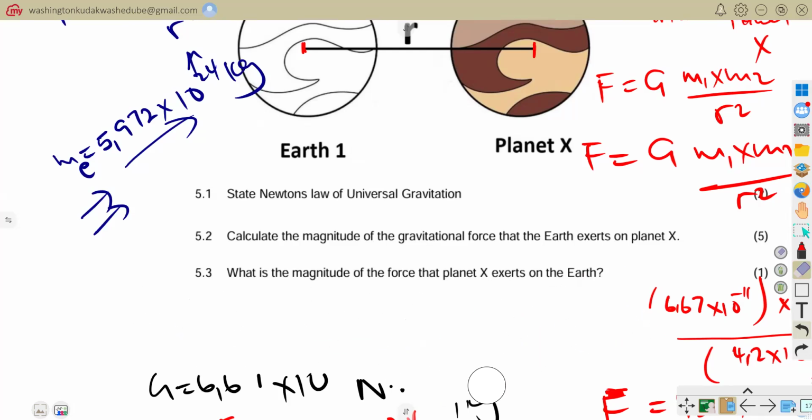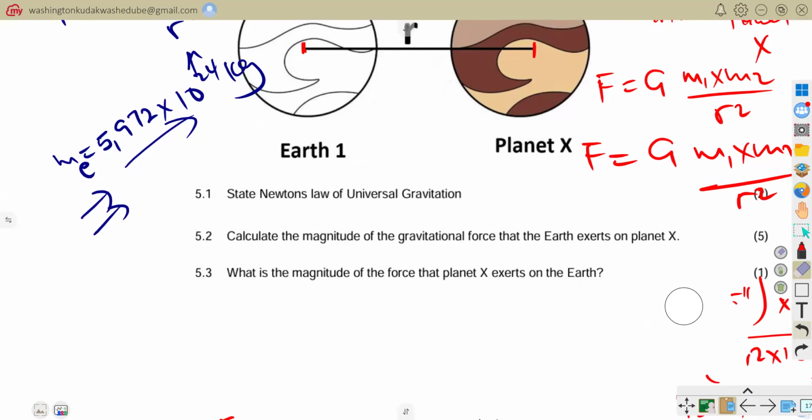Given that, they are now saying what is the magnitude of the force that planet X exerts on planet Earth.